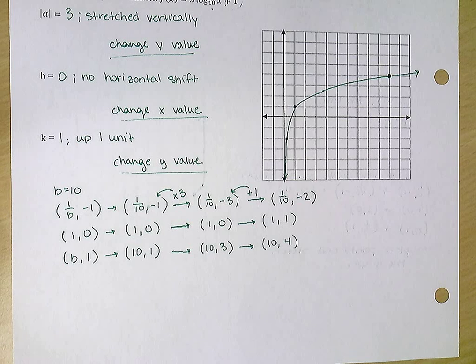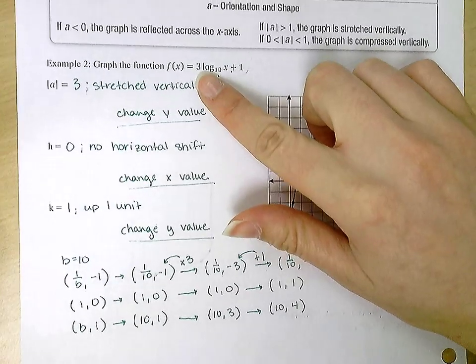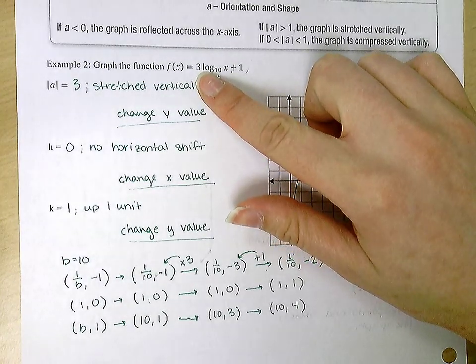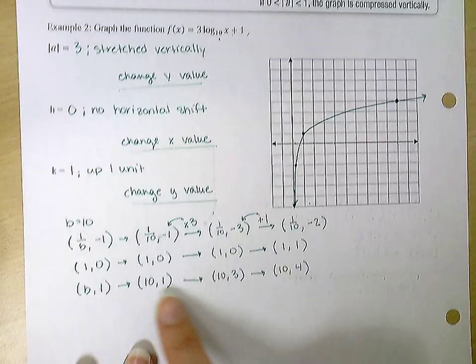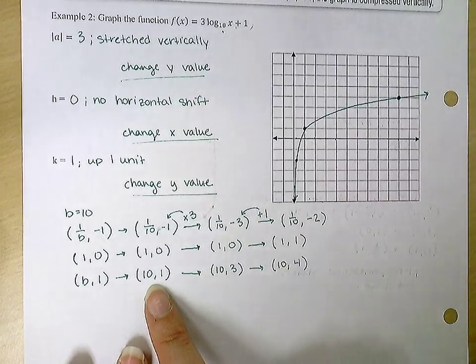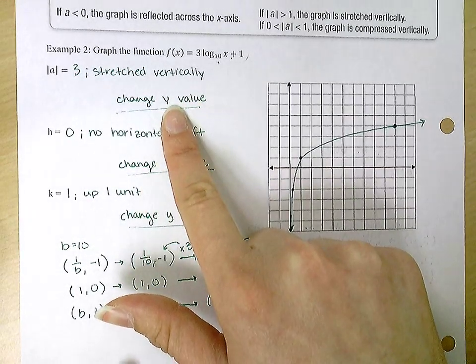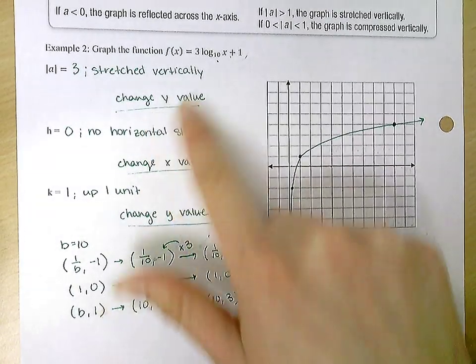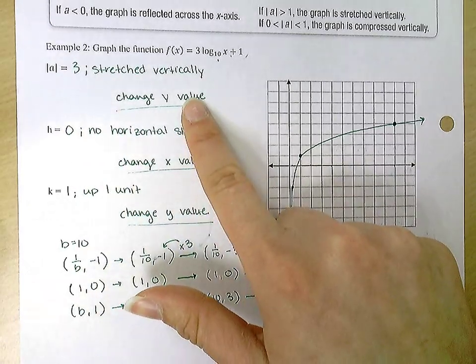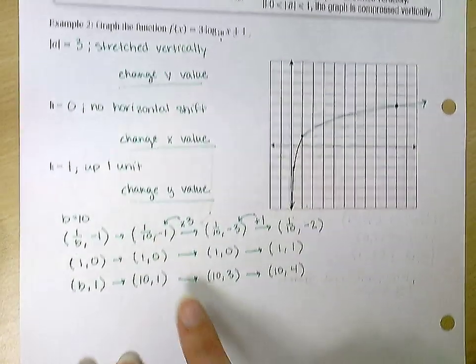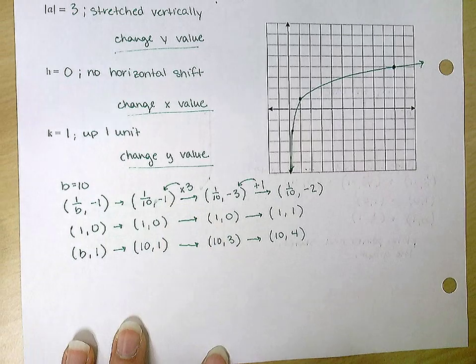Okay, questions on how I changed each of those coordinates? Again, if you have this a value in front, always do that one first. After you get your original parent function points, go in order. So do your a value first. That one you have to multiply in. It's the only one you have to multiply in. And it changes your y value.